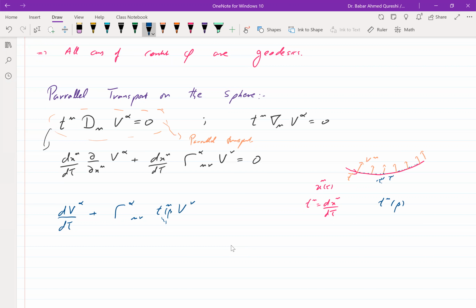So they depend on tau, and this you're trying to derive. And it's just a first order equation, coupled equations, but still first order. Well, I was calling it tau. And t is not time, it's the tangent vector.